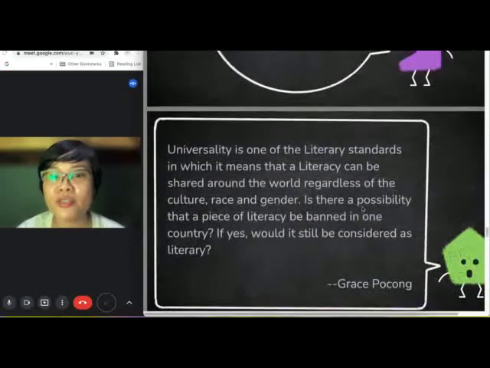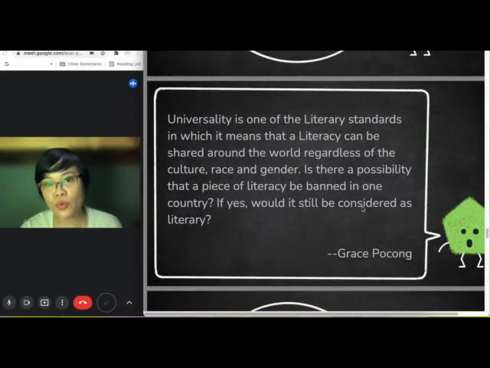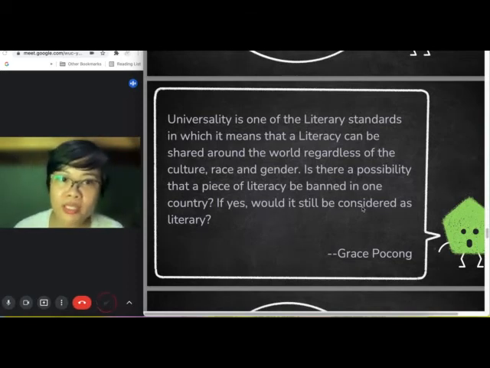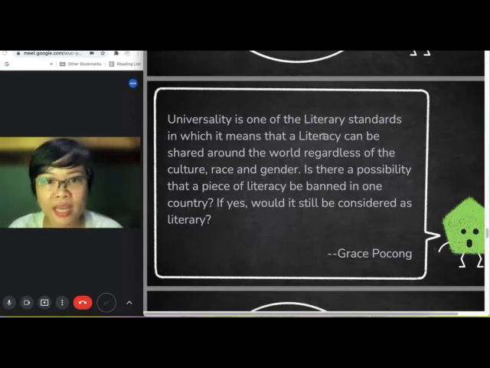Okay, so the next question is from Grace Pukong. Universality is one of the literary standards in which it means that a literary piece can be shared around the world regardless of the culture, race, and gender. Yes. So the question now is, is there a possibility that a piece of literature can be banned in one country?